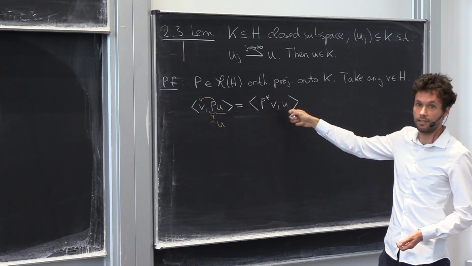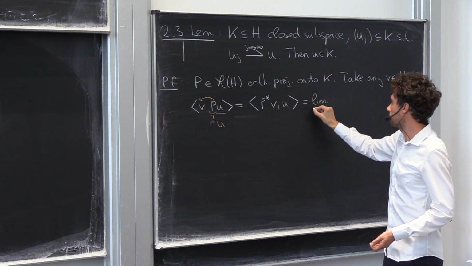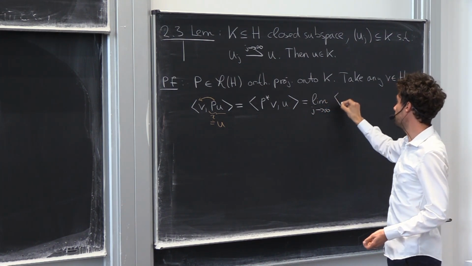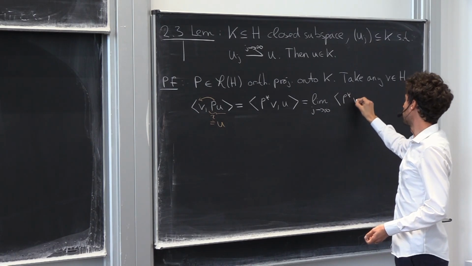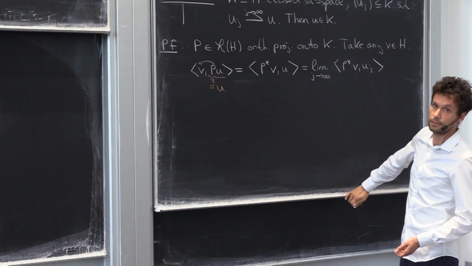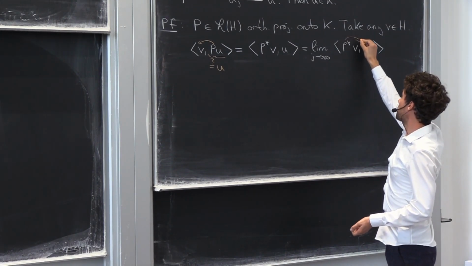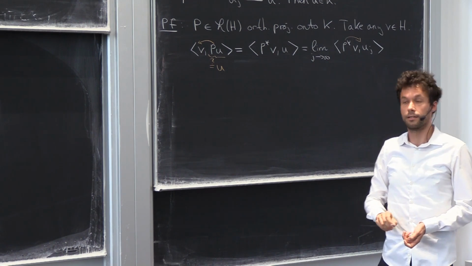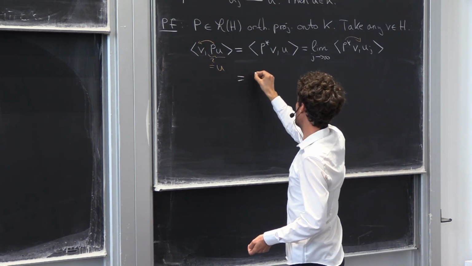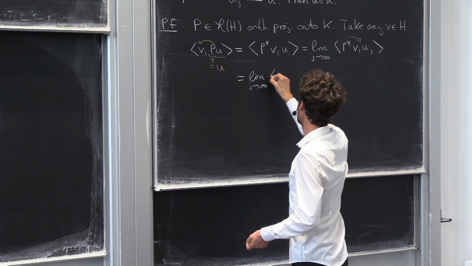At this point I can invoke the weak convergence of the sequence and recover this U as the limit of all these UJs. Now I can throw the projection back, but once the projection hits the UJ, you have to tell me what I have to do.